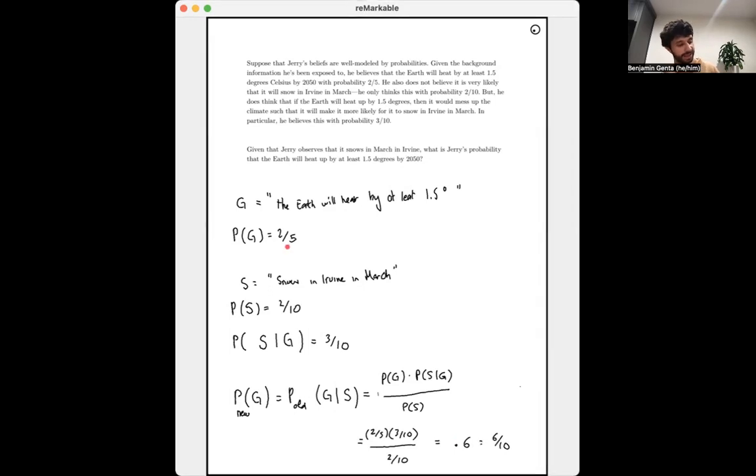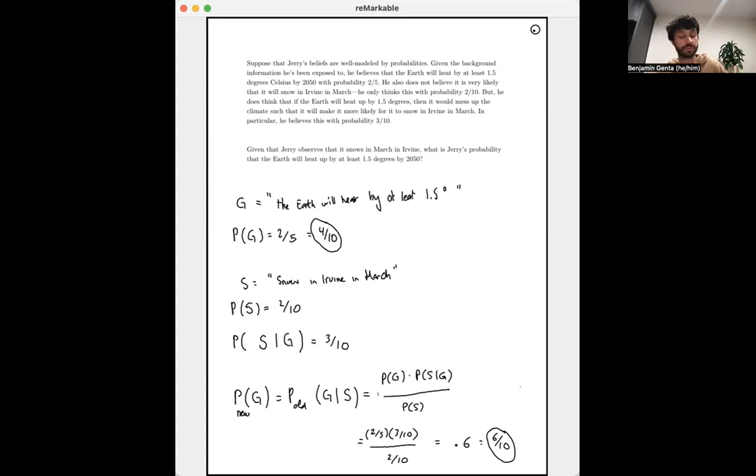Now note that Jerry went from believing G with 4/10 to believing it with 6/10. So he increased his belief that global warming is true, given the evidence that it snows in Irvine. So this is what Bayes' theorem and Bayes' rule allows us to do. If you are rational, and we'll get to why in the second part of this video, if you're going to update in the best way, then you should update using the rules of probability.